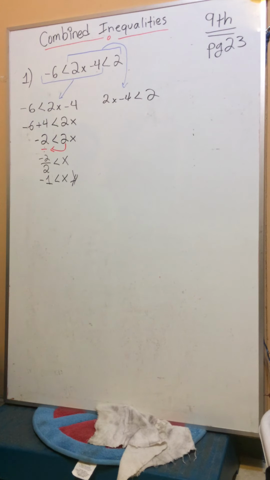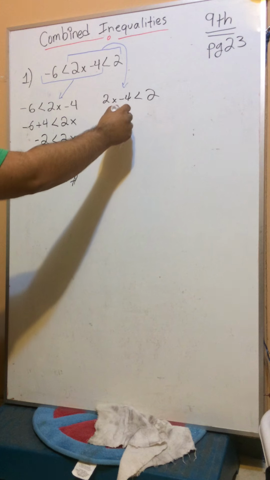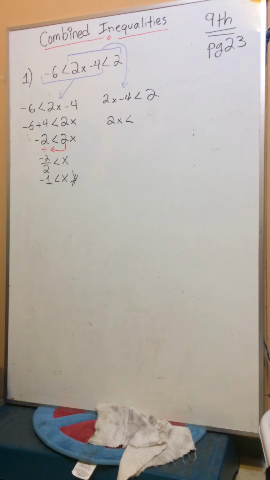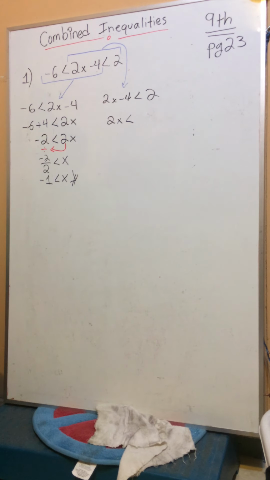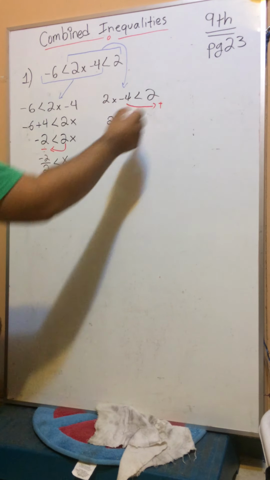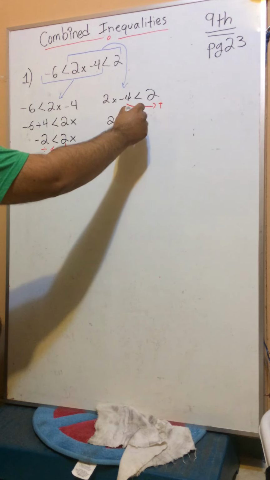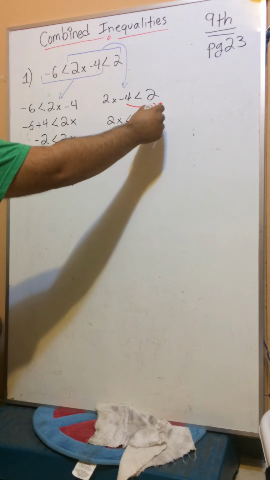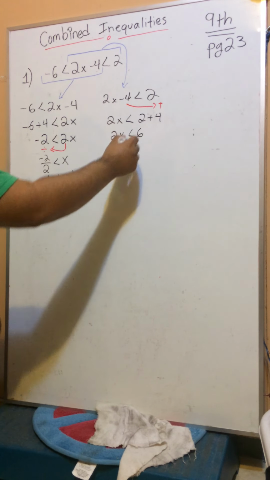Now let's solve on this side. So we have 2x, and then we have that this 4 is negative. So how do I switch it to the other side? It's going to be positive. So we have 2 plus 4, so 2x is less than 6.